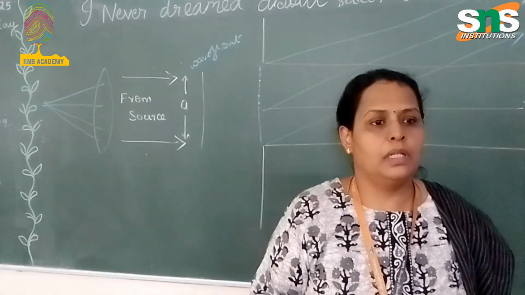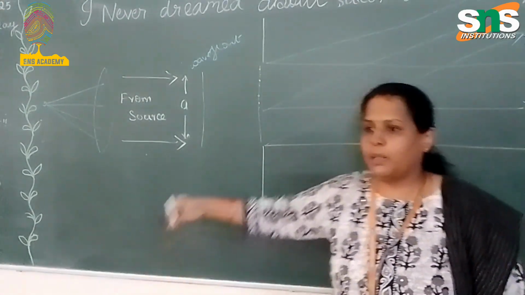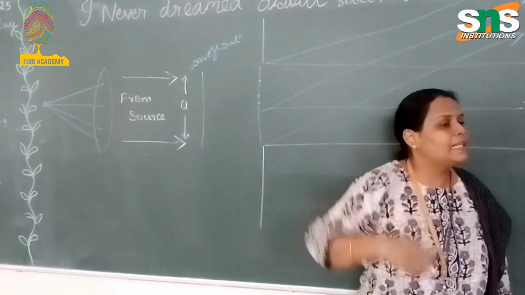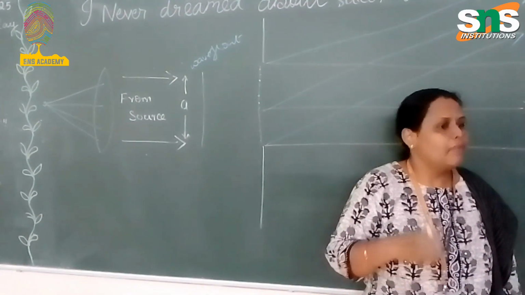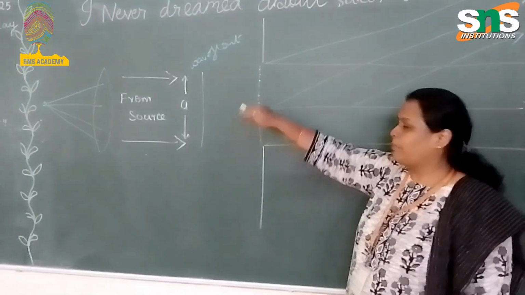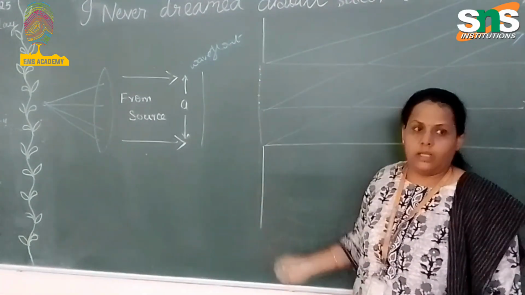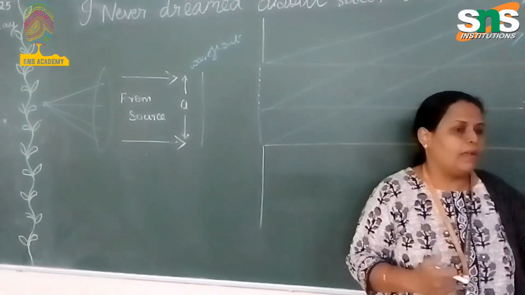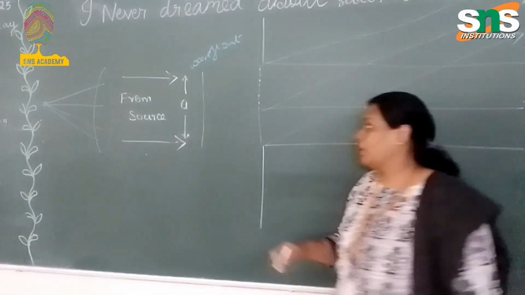Sabarish, listen here. From this primary wavefront, what kind of wavelets will be produced? Very good, secondary wavelets. From the secondary wavelets, if you draw a common tangent plane, what will you be getting? Secondary wavefront. Very good, you all remember this.